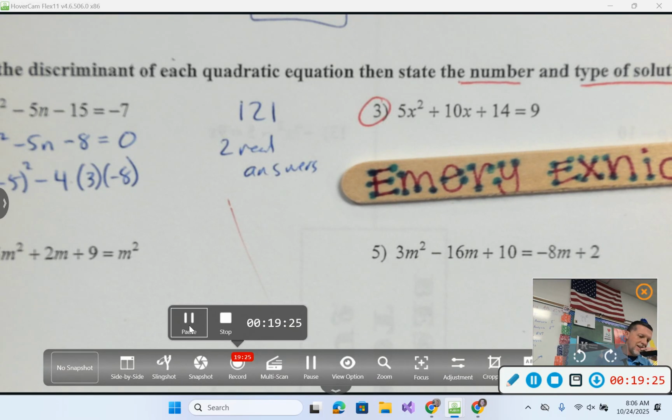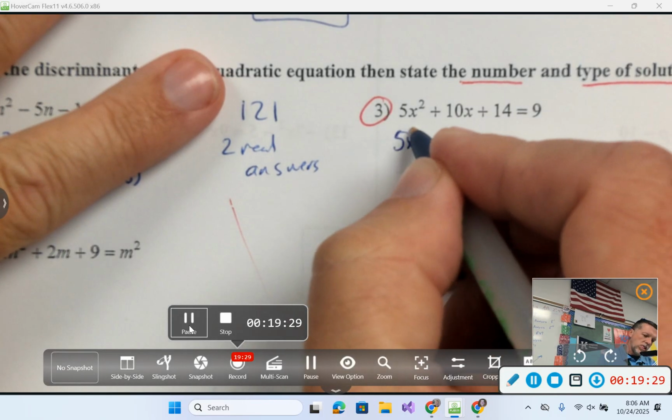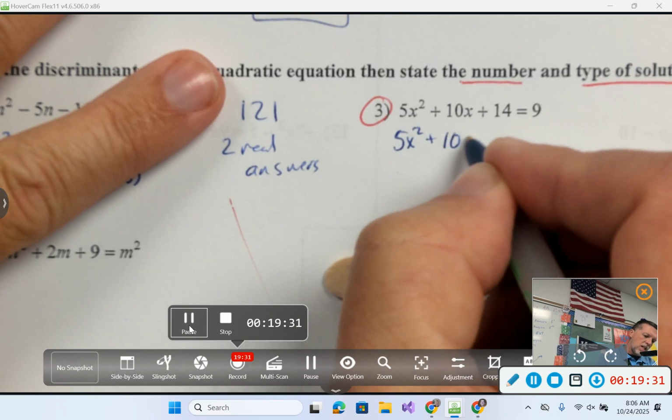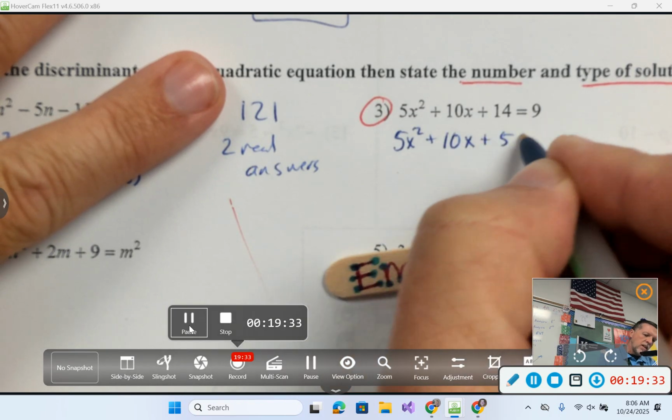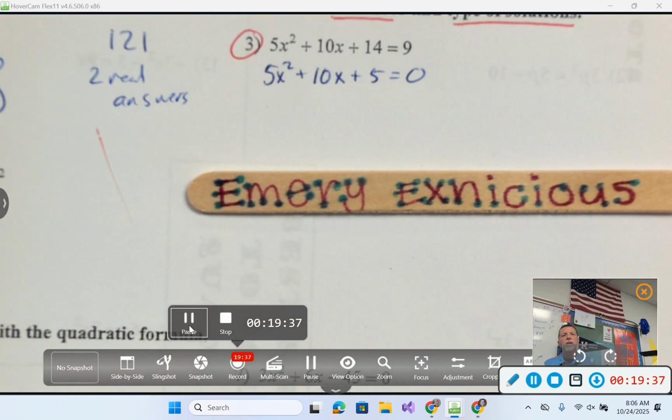Kinley? Okay, great question on number 3. Do I divide through by 5 or not? The answer is it won't matter. So if you recognize that, and you're like, hey, let's divide by 5 and make our problem easier, then do it.